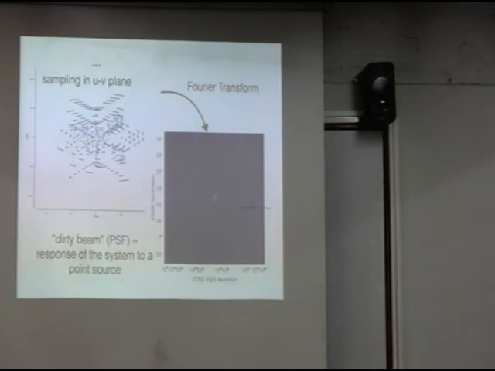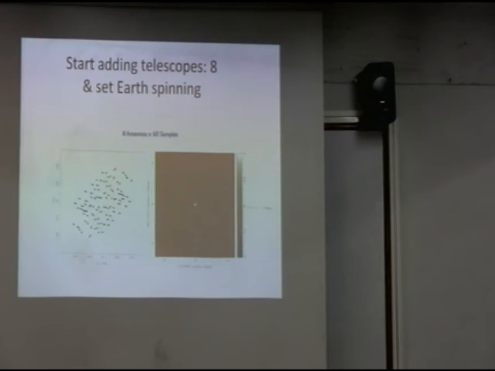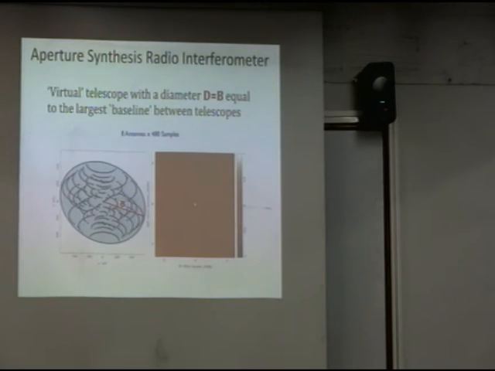So what we have just seen in the example before is how the telescope would respond to a point source. This is what we call the dirty beam of the telescope. It's basically what you will be able to recover when you image a point source, so it's your limiting resolution.